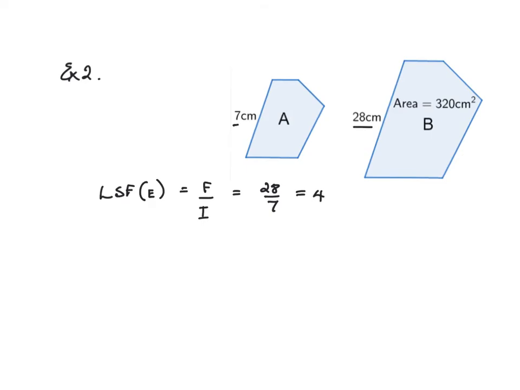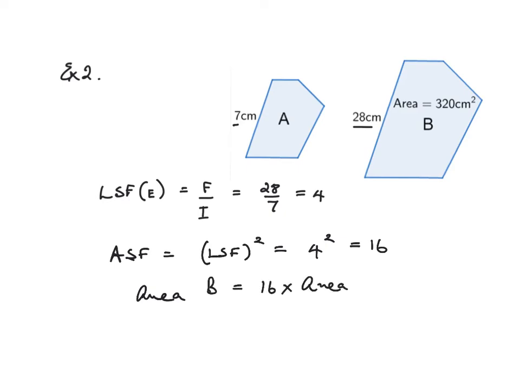So that means that area B is what? So the area scale factor is the linear scale factor squared. So that means that area B is 16 times area A.